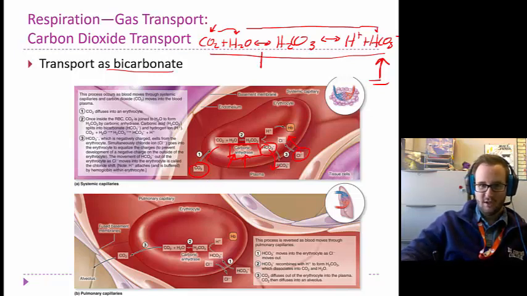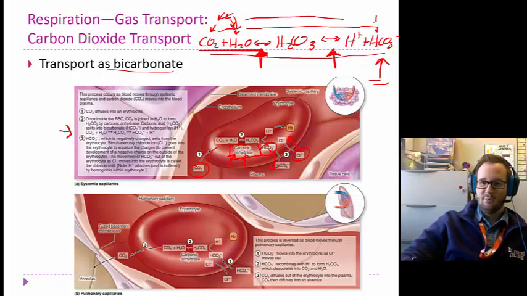You'll notice whenever I drew this, I drew these double-headed arrows right here, and that's because this reaction is reversible. Depending on how much carbon dioxide is present in your blood, this is going to go back and forth and back and forth. So in your systemic capillaries, whenever you have an abundance of carbon dioxide, you'll have a lot of this stuff entering, and it's going to react with all of this water and end up resulting in more and more bicarbonate present inside of your systemic circulation, whereas in your pulmonary capillaries, the opposite happens.